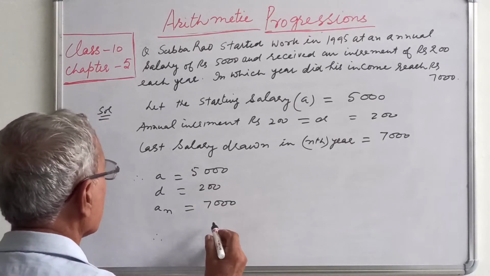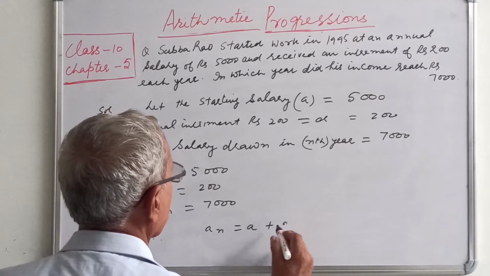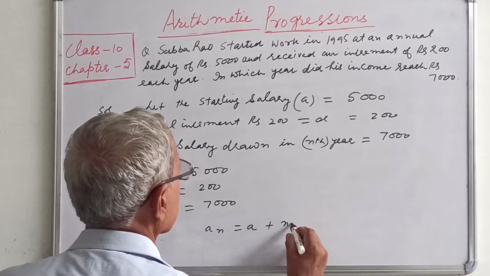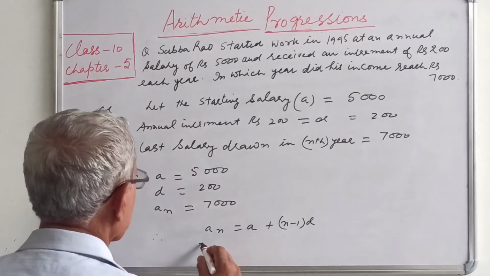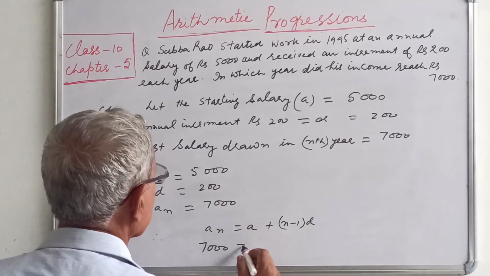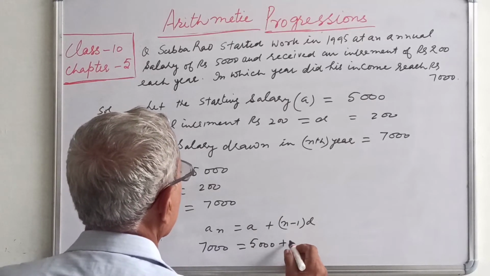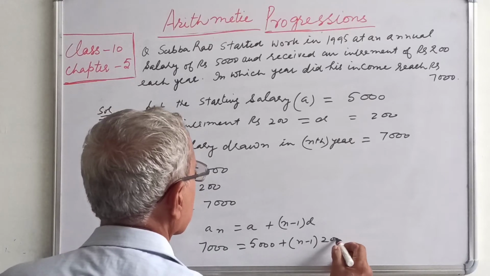So using the formula AN is equal to A plus n minus 1 into D. AN is 7,000, A is 5,000, n minus 1, D is 200.